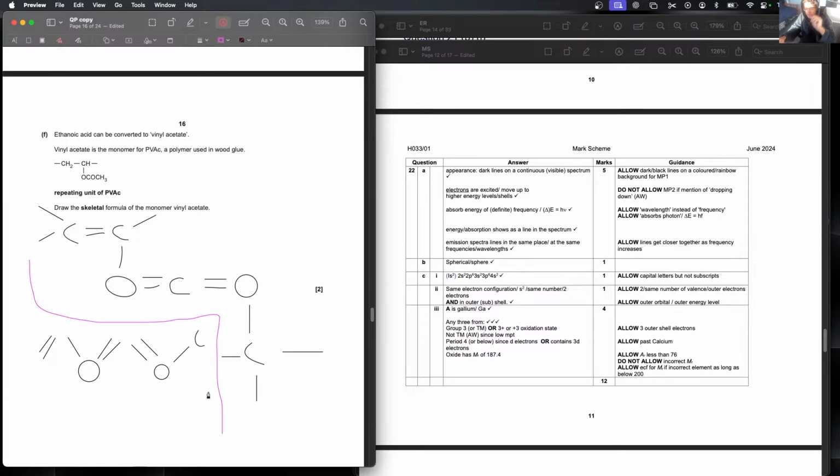And then we're going to make that border pink. This is what I see.